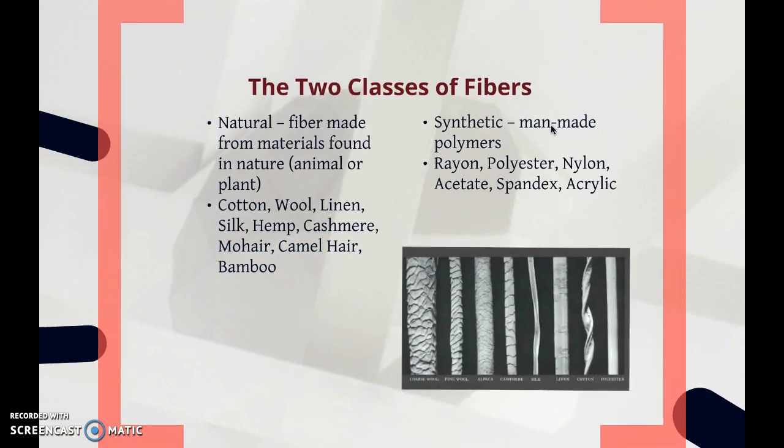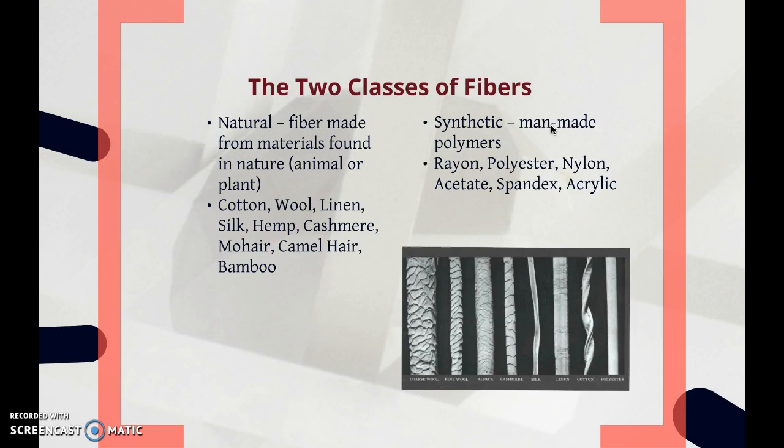So moving on, there are two types of fibers. There are natural fibers and synthetic fibers. If you know the meaning of these two words, then you're probably going to be able to figure this out pretty quickly. But here's the lowdown. Natural fibers are fibers made from any materials that are found in nature, animal or plant.